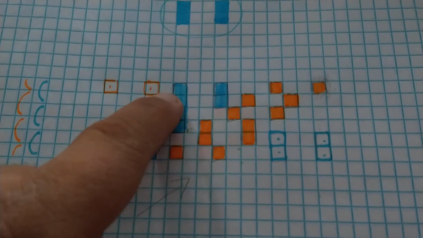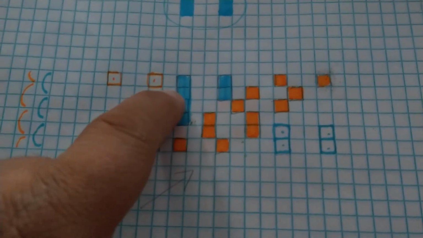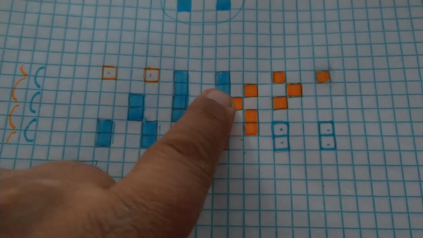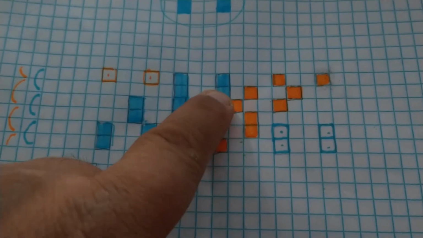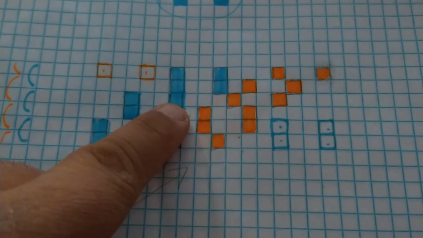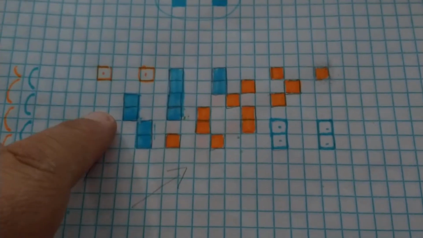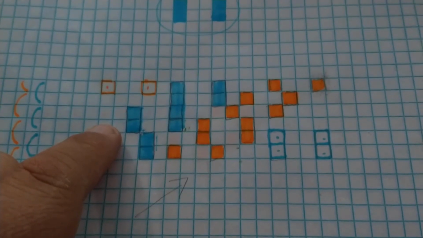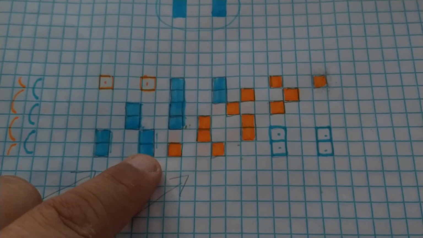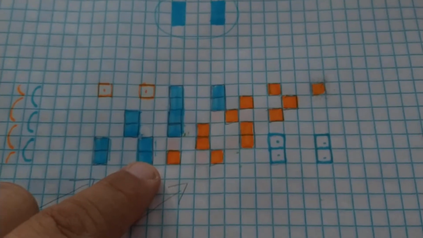So let's say this was A, E, no, sorry, that would be E, A, and then that would be G, C, E, A, G, C, E, A, G, C, E, A, G, C. All right, and is that right?